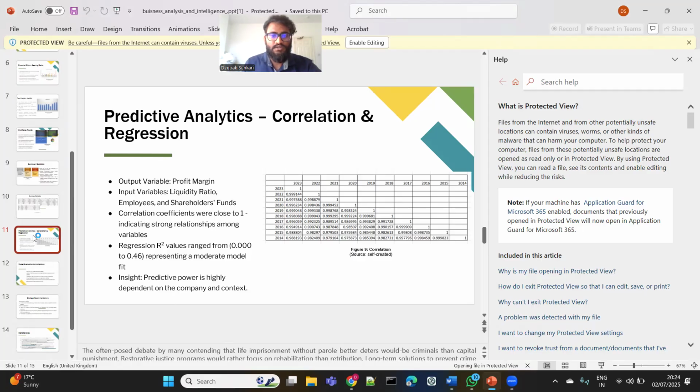Here is the correlation analysis, self-created, from the above analysis in figure 16. The correlation across the five companies over the last 10 years is near 0.98, which means the value is near 1, and each variable is directly linked with the others, creating a positive and direct impact on performance.